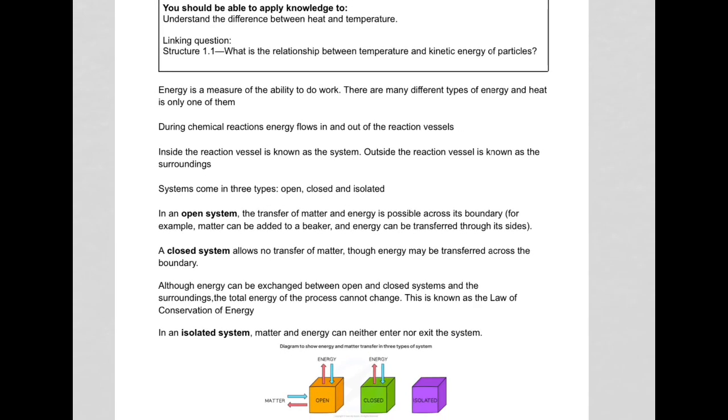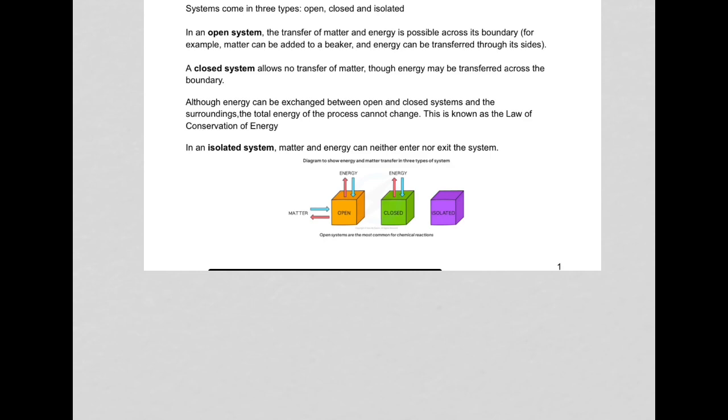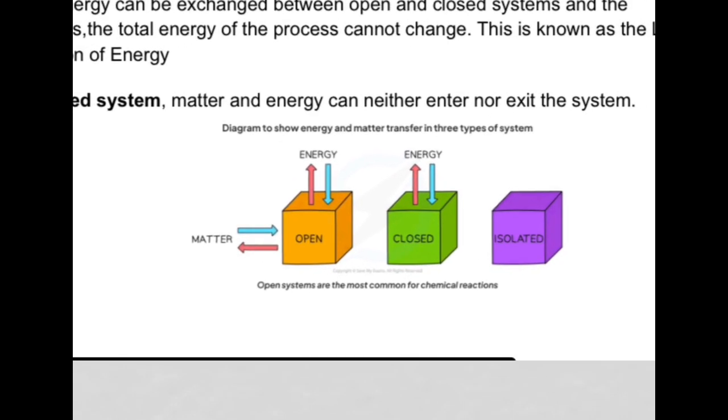Inside the reacting vessel is known as the system, and outside the reacting vessel is known as the surroundings. So if you look at these diagrams, inside the boxes here is the system, and outside is the surroundings.